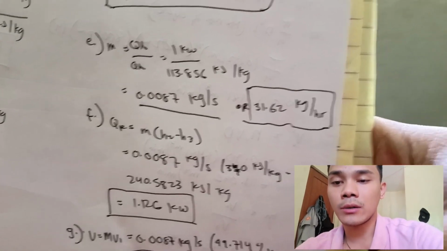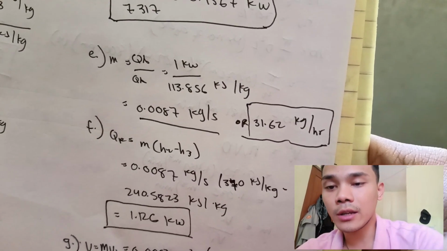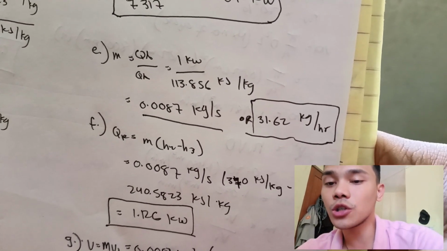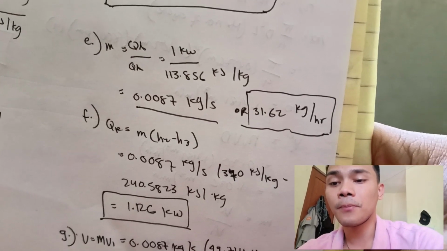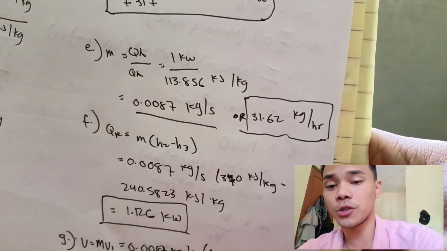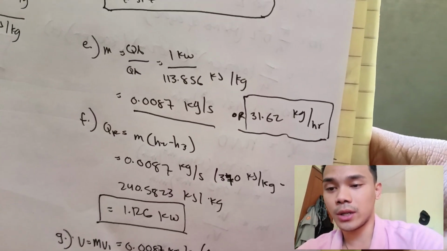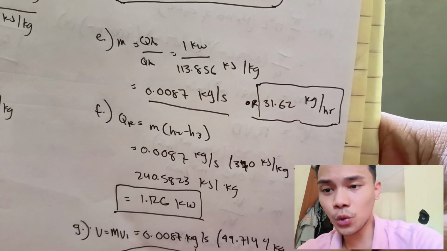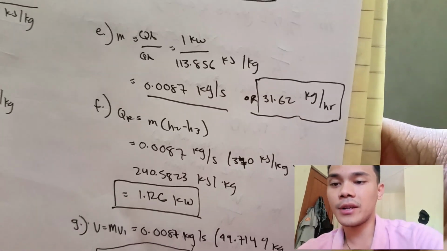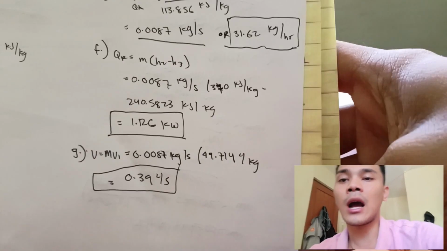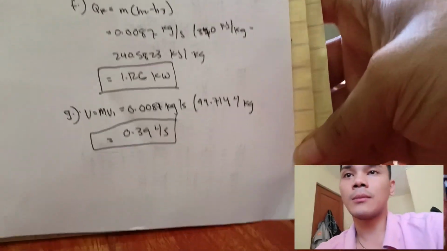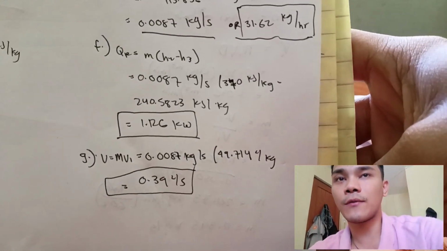Multiply nato sa H2 minus H3 na 370 kilojoules per kilogram minus 240.5823 kilojoules per kilogram. So, ang atong answer diri is 1.126 kilowatts. Next nato pangitaon is ang iyang volume. Ang iyang volume flow rate.